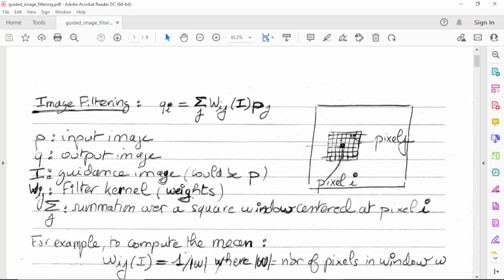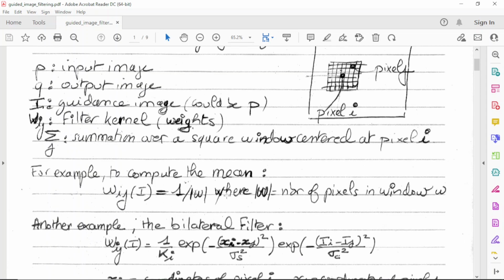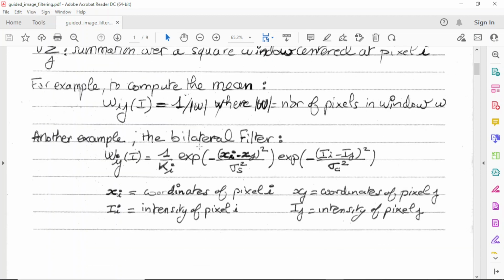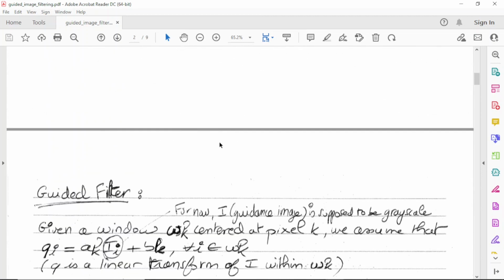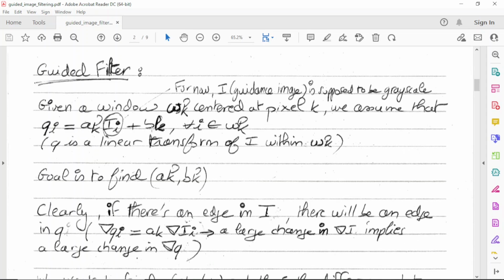Pixel j is one of the pixels in that window, and W would be the weight. I'm not going to look into this, but here you can see the bilateral filter. I want to focus on the guided filter.